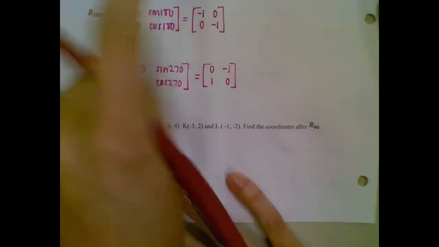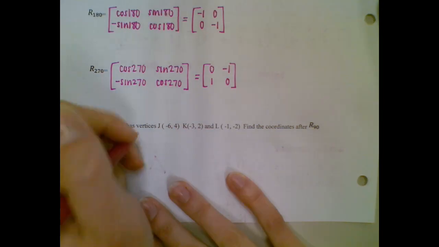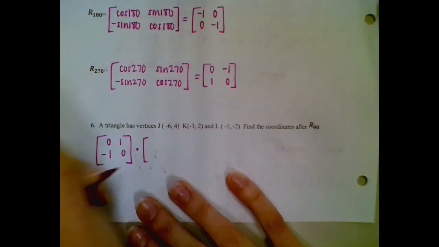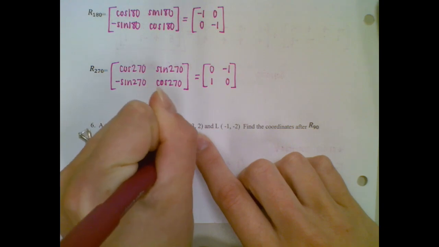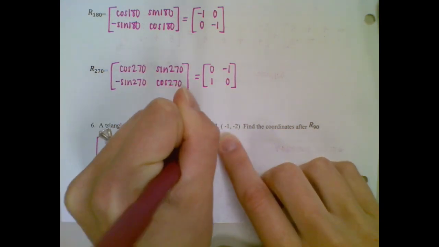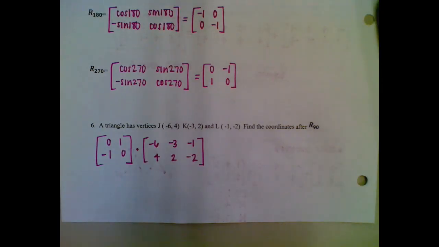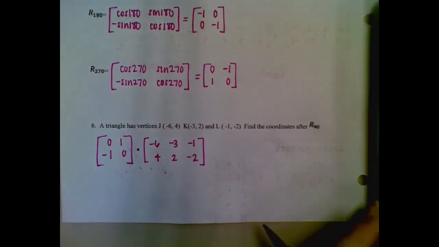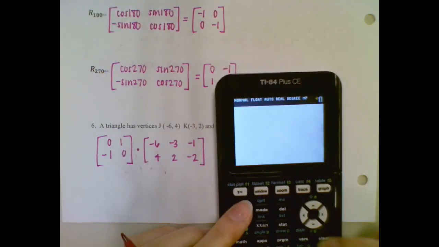We've discussed that. Yep, so I got this from up here, from what we found, okay? We're going to multiply that by J's coordinates, which were negative 6, 4, K was negative 3, 2, L was negative 1, negative 2. Just making sure I typed or wrote that all correctly. Okay, we're good. All right, so let's get after it.